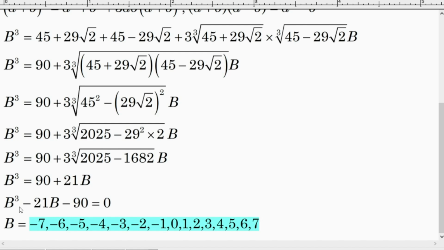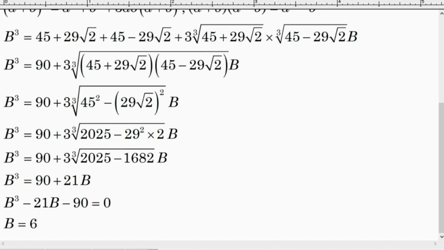If it is equal to 0, then that number is the root. So let me say b equal to 6 is the root of this equation. I just substitute 6 into this equation, and if it is equal to 0, then 6 is the root of this equation.